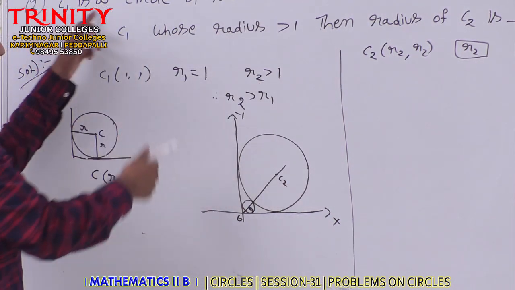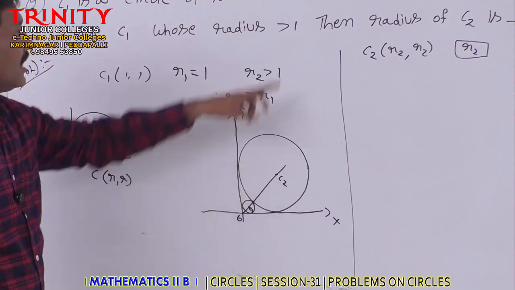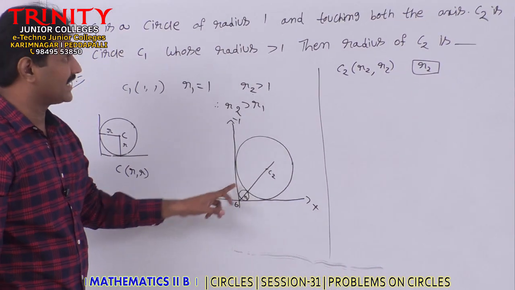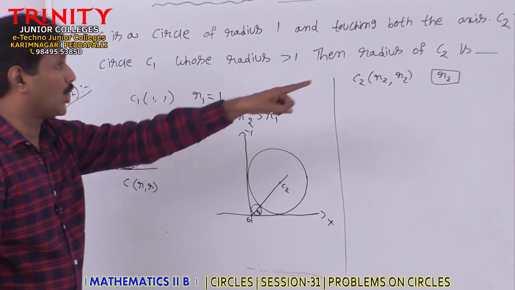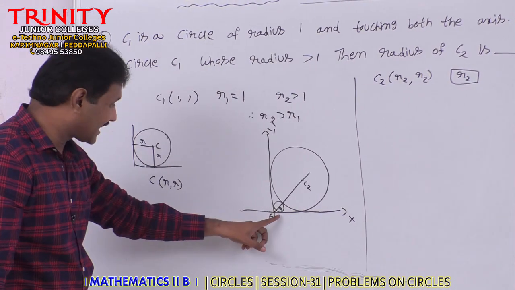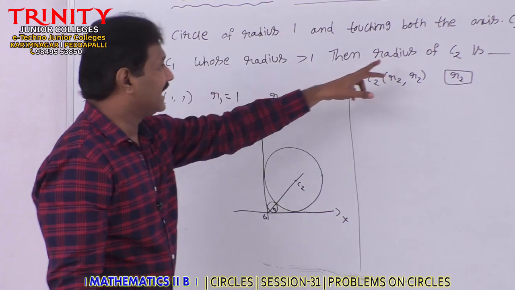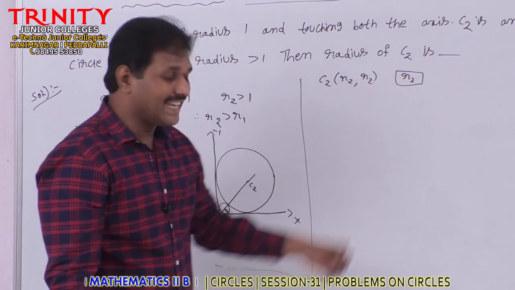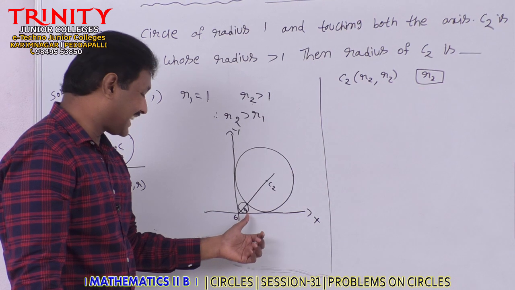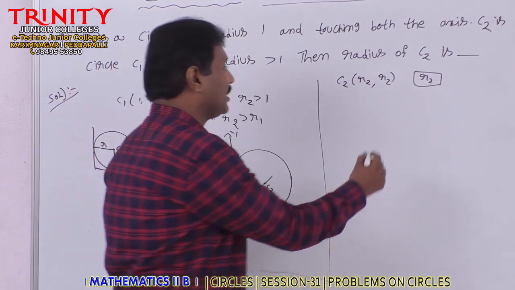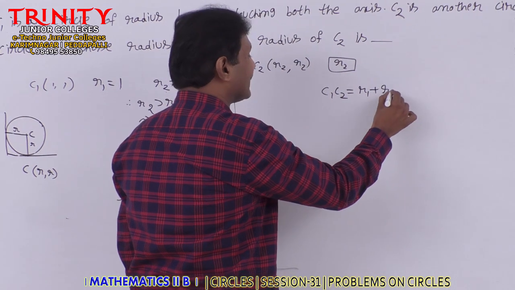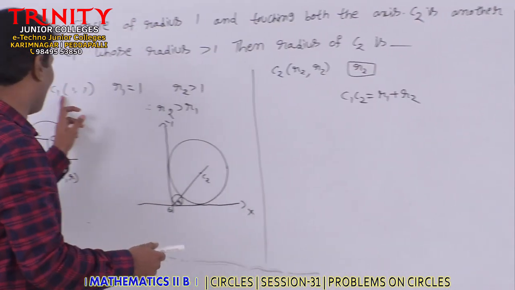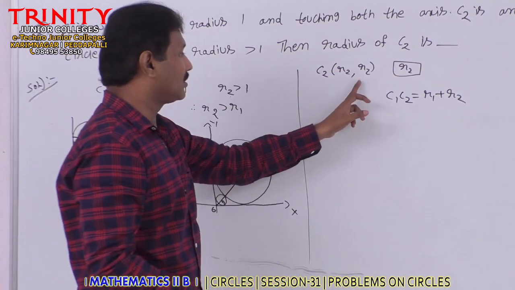C1 is a circle of radius 1 touching both the coordinate axes, and C2 is a circle which touches both the coordinate axes and also touches circle C1. Then what is the radius of C2? These two circles touch each other externally. We know the condition C1C2 equals R1 plus R2. Here C1 is (1, 1), C2 is (R2, R2).